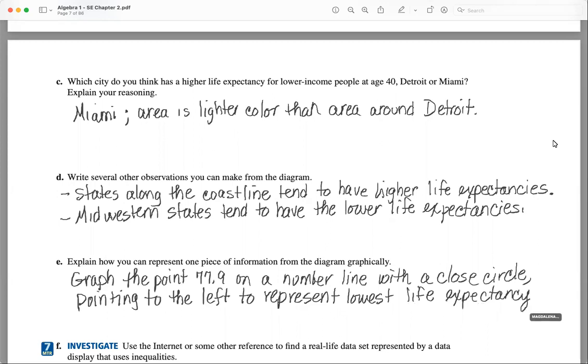And do the same for the rest. Because they're using inequalities to describe the life expectancy. And the map and the colors, so several representations.